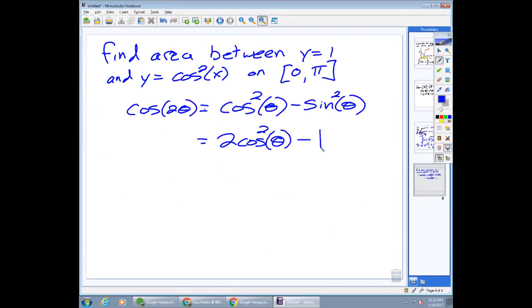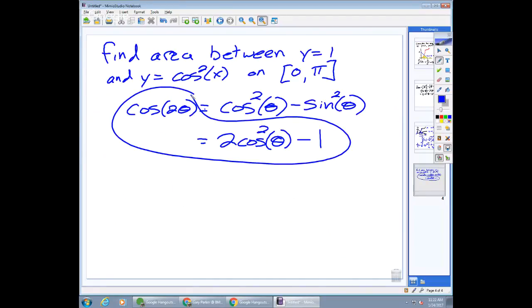And this is the source of what's called the half angle formula in trigonometry. So if I solve this for the cosine squared, then I'm going to get that the cosine squared of theta, I'd have to add the 1 to the other side, right? So I'll have a cosine of 2 theta plus 1, and then I would have to divide the 2 over to the other side, so over 2.